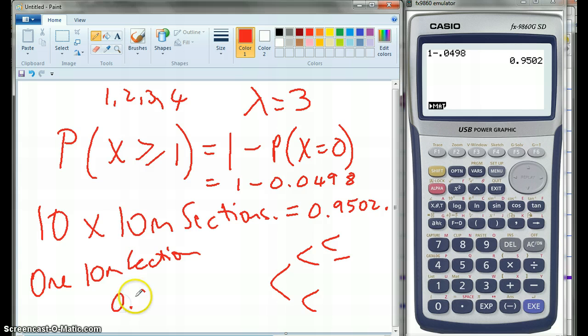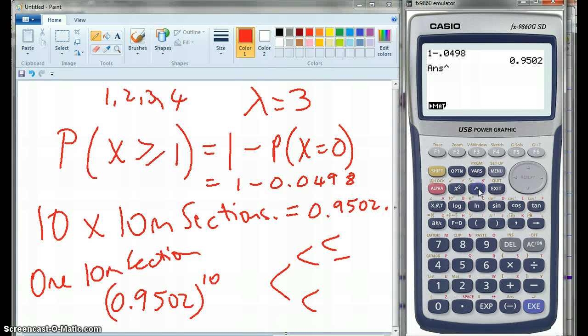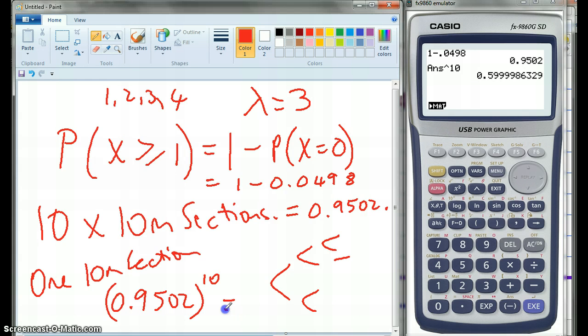So what are we going to do with this? The 0.95 to the power of 10, coming from the back. Yeah, okay, nice. Nice little voice from the back of the class. To the power of 10, try to the power of 10. Okay, and that rounds very neatly to 0.6.